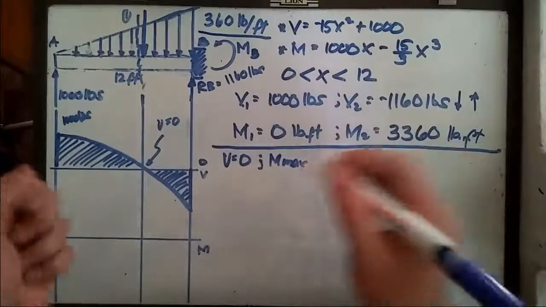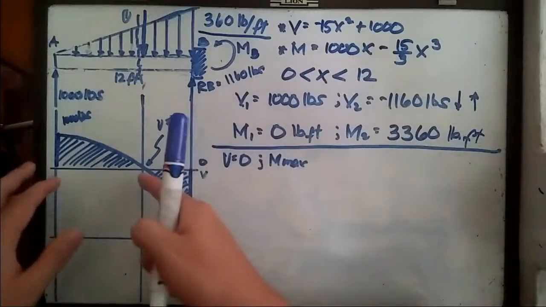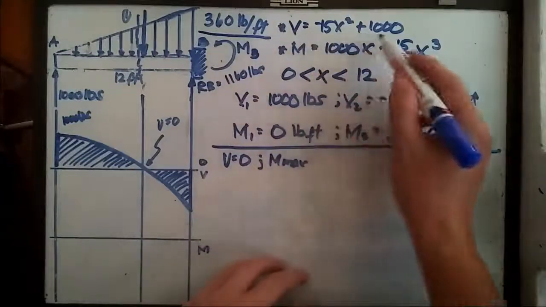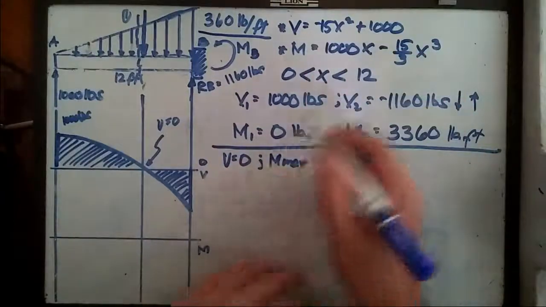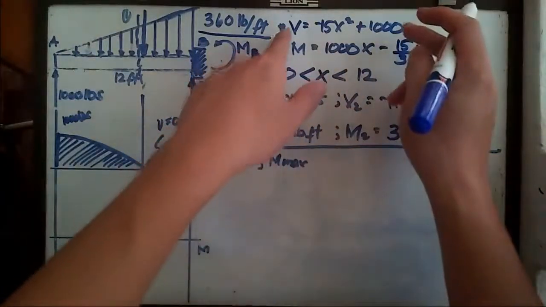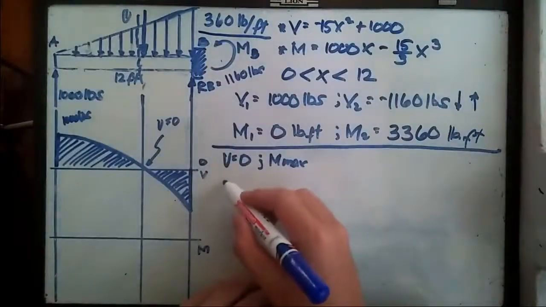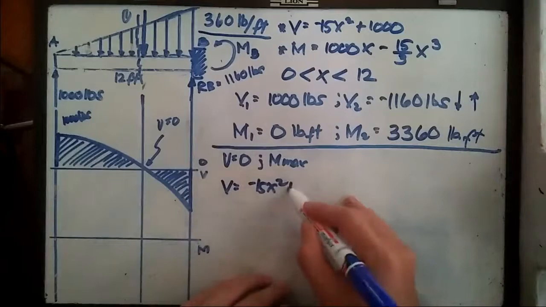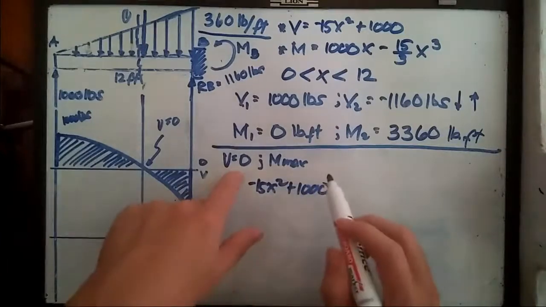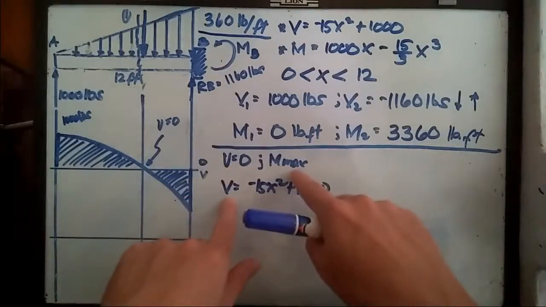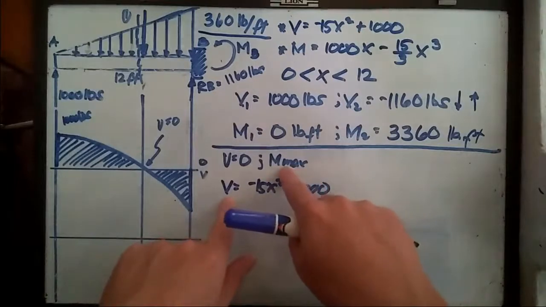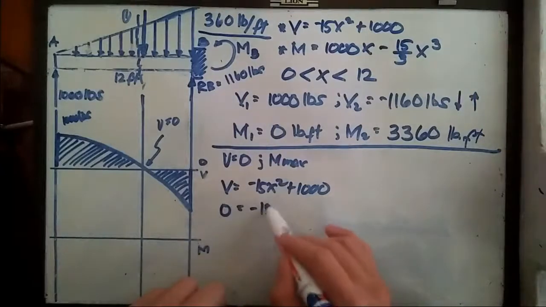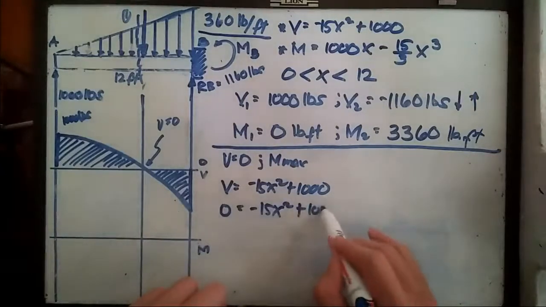So let's try to find first the distance of this portion. And in order for us to do that, we need to consider again using the shear load formula for our beam. So that should be V is equal to negative 15x squared plus 1000. Since V is equal to 0, for us to solve for the distance of the maximum bending moment, this should be 0 is equal to negative 15x squared plus 1000.